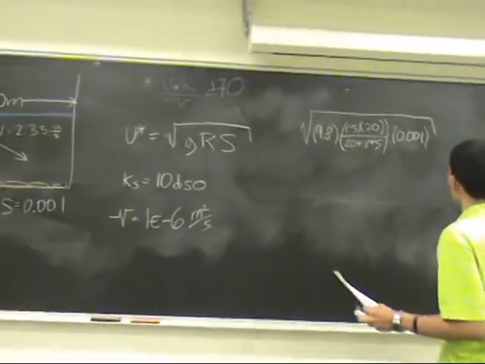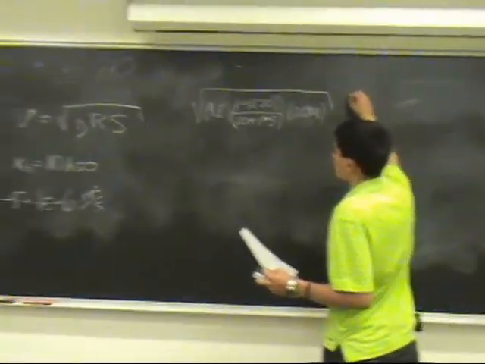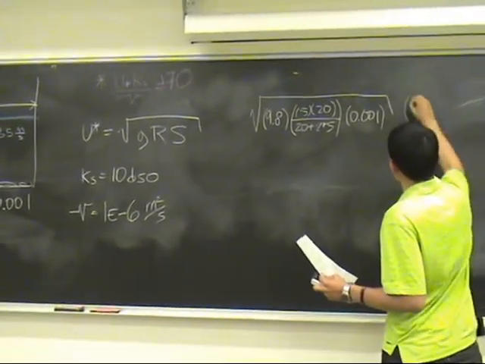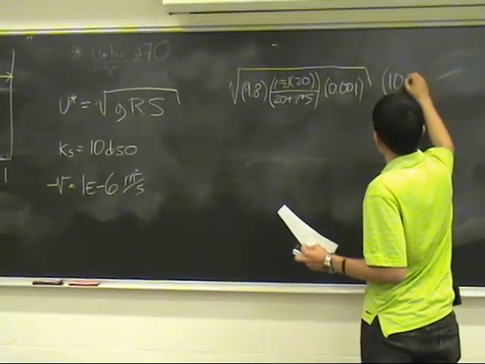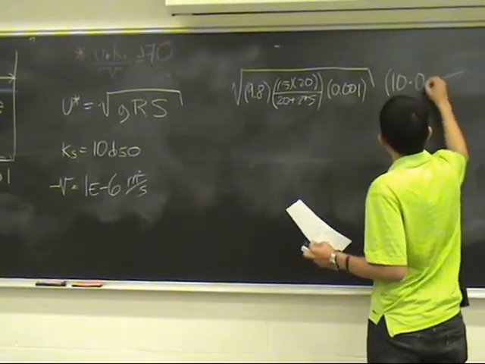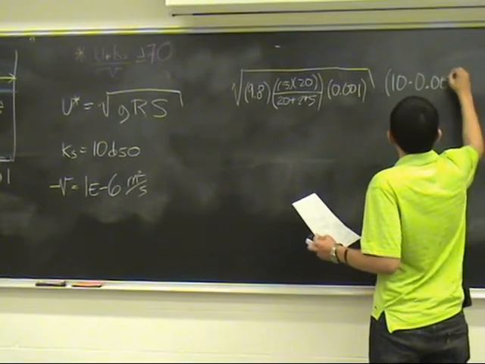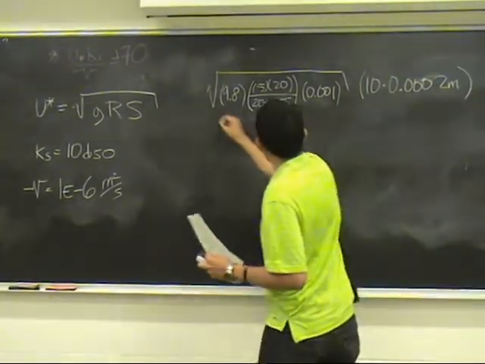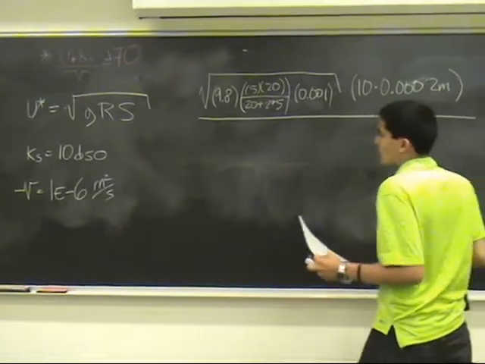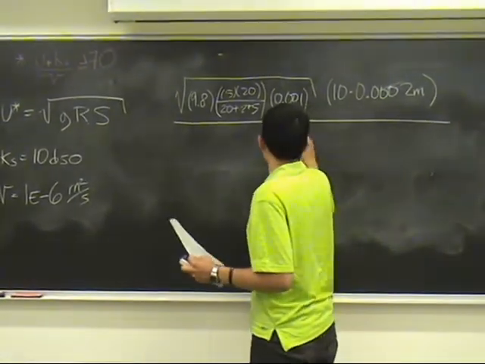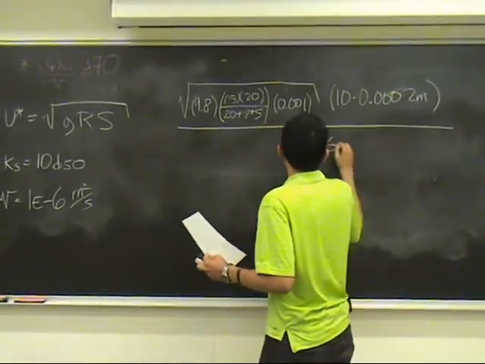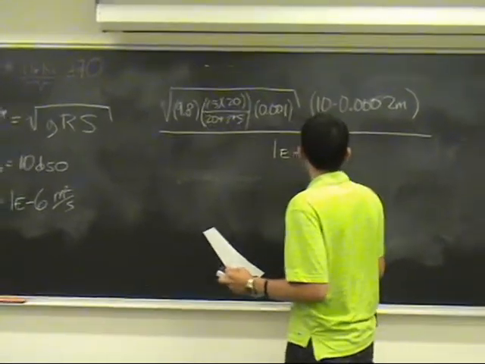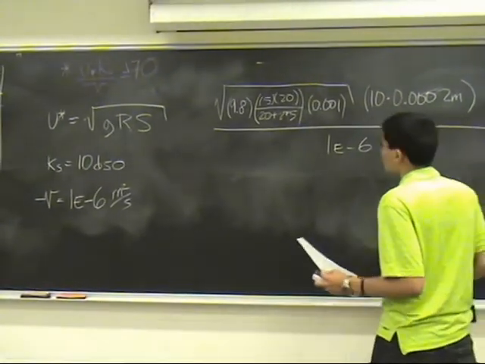Then we have our roughness here, which is 10 times our D50, that quantity in meters, divided by 1 exponent -6, which is our viscosity.